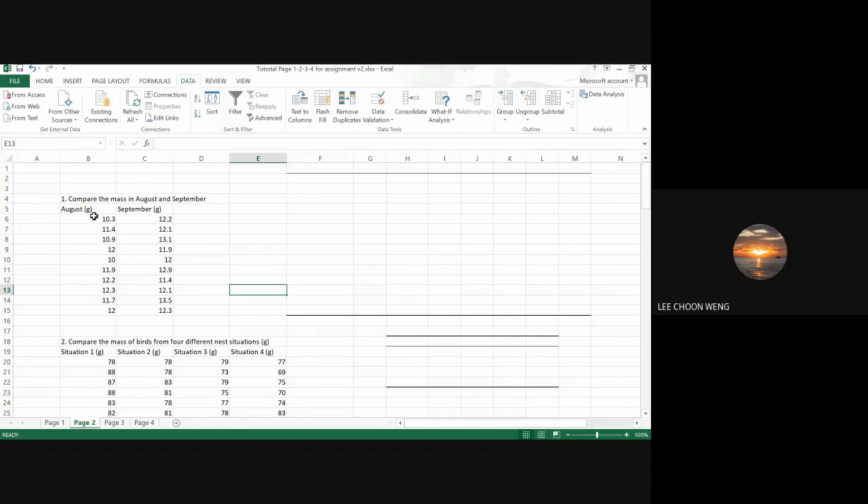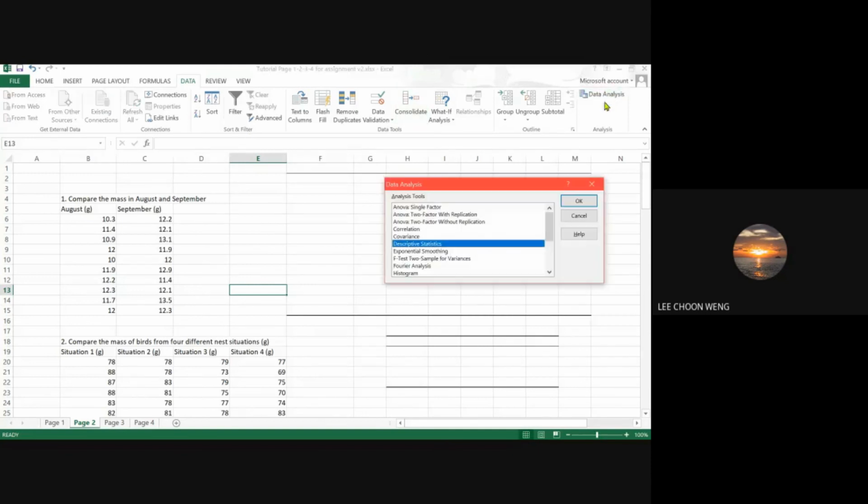You're comparing two groups of data. Very straightforward. You'll be using T-test, right? So T-test, if you drag down your options here, you'll see paired. You are not using paired. You're using two sample, whether it's equal or unequal variances. If you're not sure, just click unequal variances.